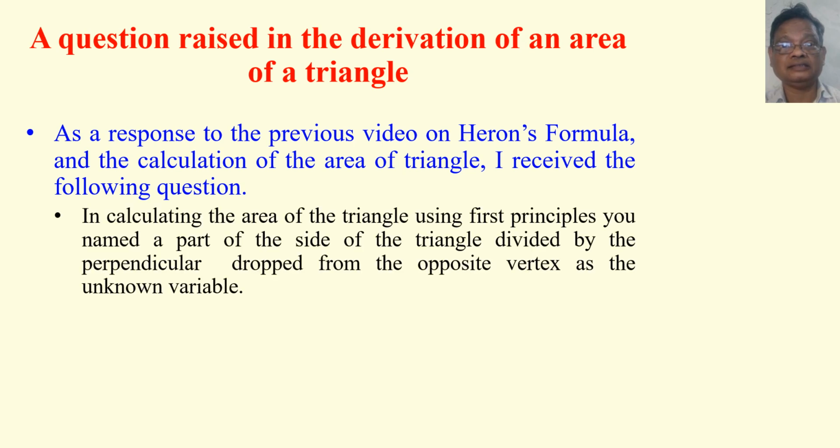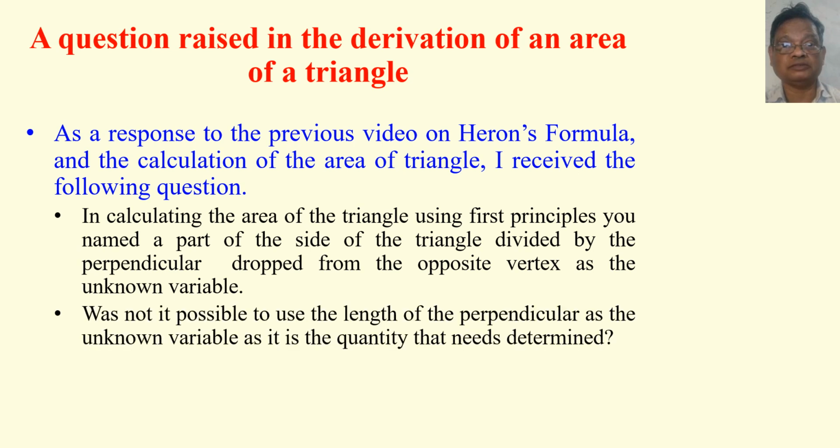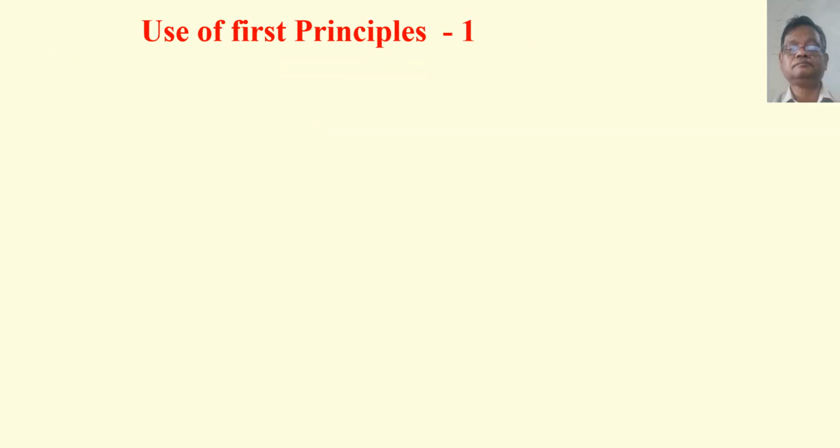In calculating the area of the triangle using first principles, you named a part of the side of the triangle divided by the perpendicular dropped from the opposite vertex as the unknown variable. Was it not possible to use the length of the perpendicular as the unknown variable, as it is the quantity that needs determining? Let me answer your question as follows.